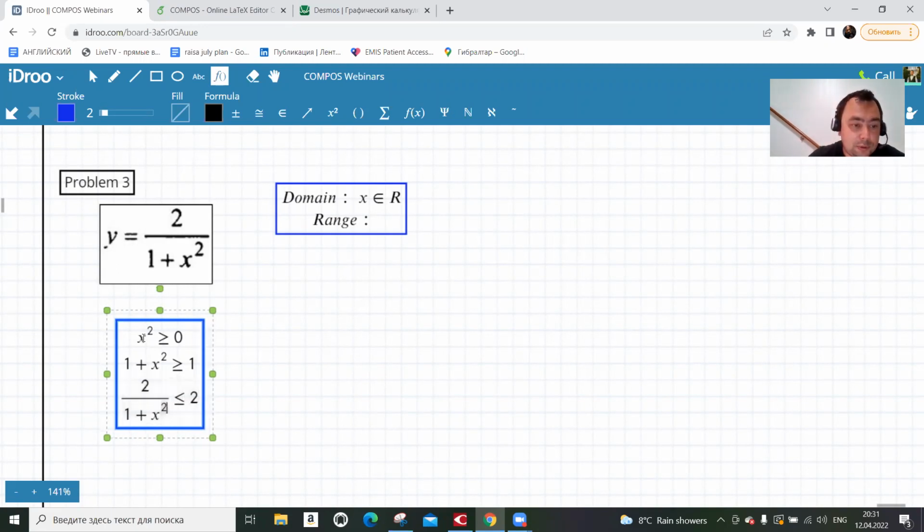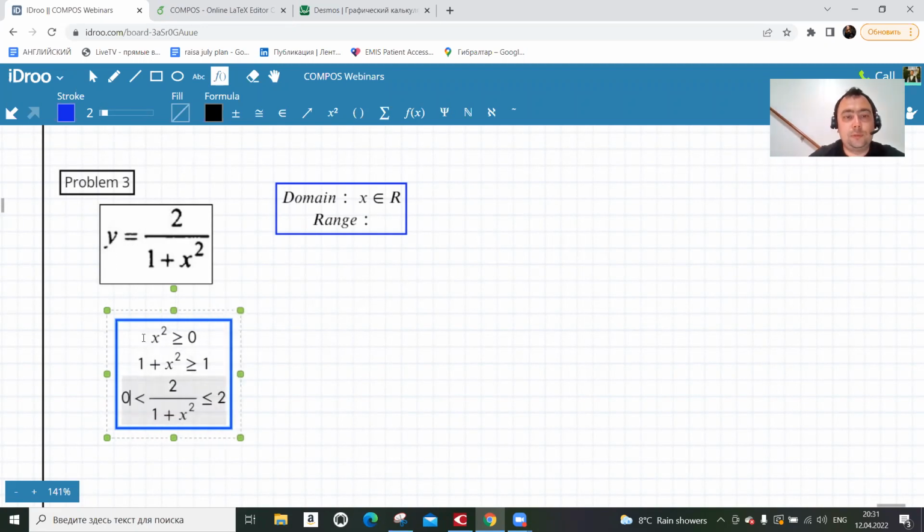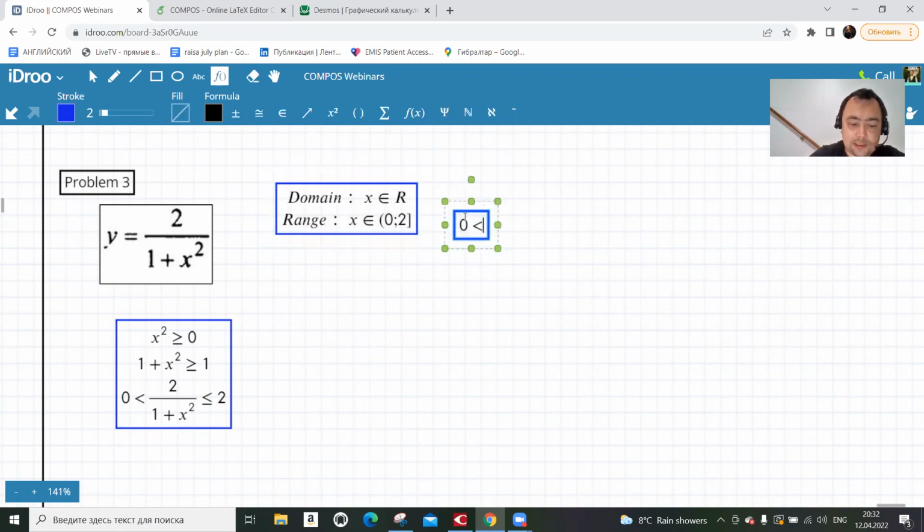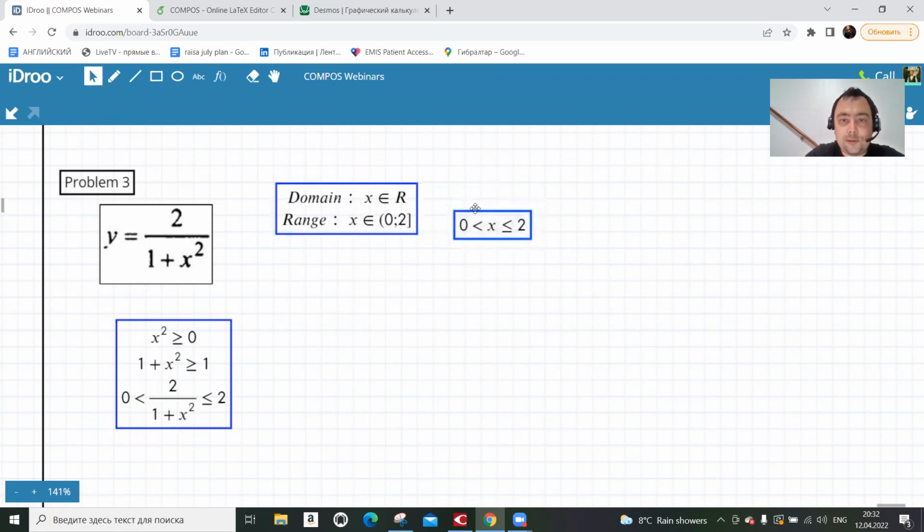But on the other hand, it's a positive number, so it has to be greater than 0. So range: from 0 not inclusive up to 2 inclusive. This is another way of writing that 0 is less than y, less than or equal to 2. So this notation means, round bracket means not including, square bracket means including.